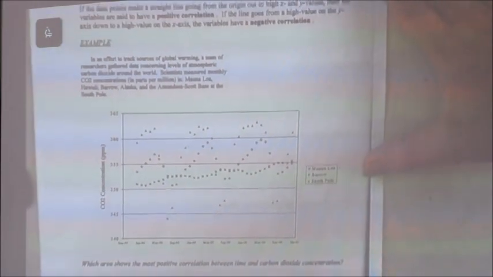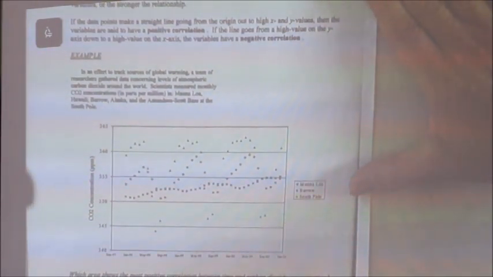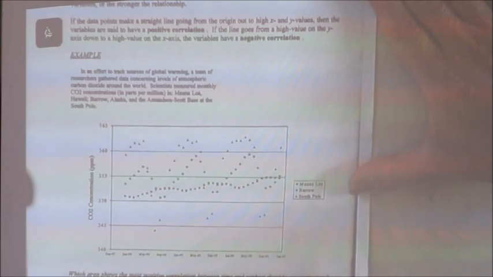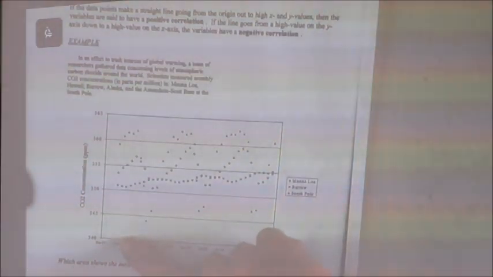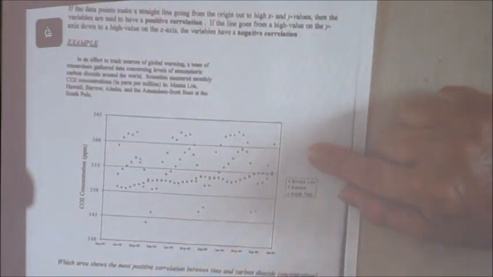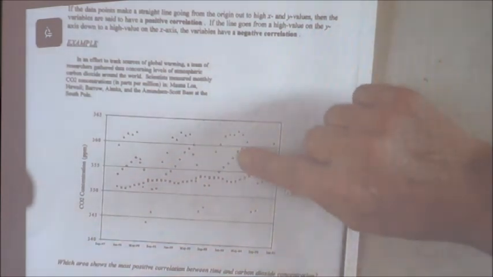Let me go over another type of graph that's commonly seen in ACT science, and that's the scatter plot. I have a typical ACT science question here, and it shows concentration of carbon dioxide taken at different times of the year. And scatter plots consist of large data points. There are a bunch of points that represent a data point on the graph.